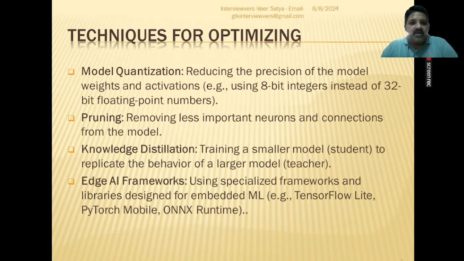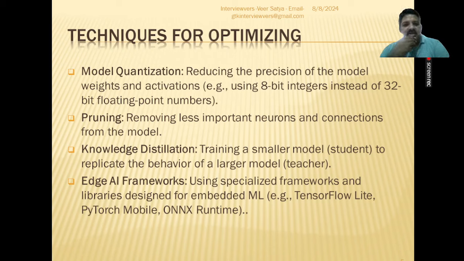So, techniques for optimization. These are some of the techniques. Model quantization, where you reduce from 32-bit floating point numbers to 8-bit integers, so that you can reduce the precision of weights and activations. Pruning, where wherever you feel you can remove some of the neurons and connections from the model, you can do that.